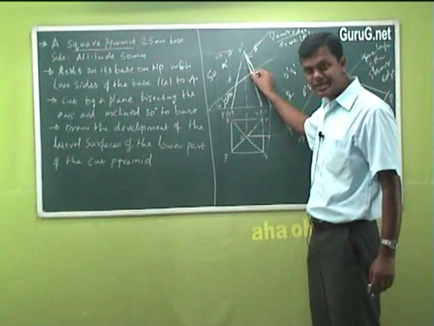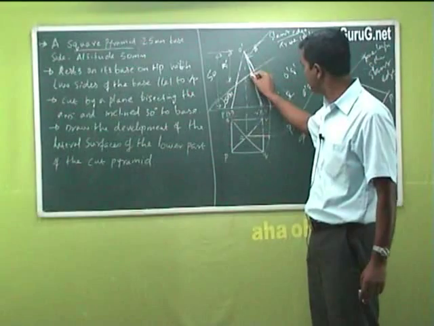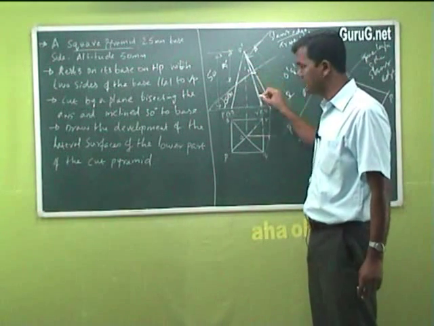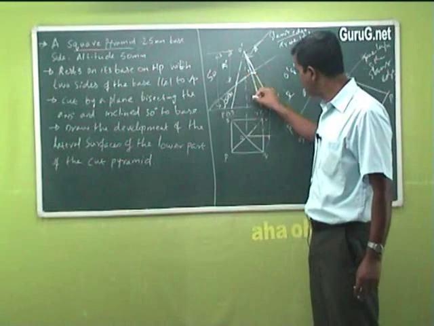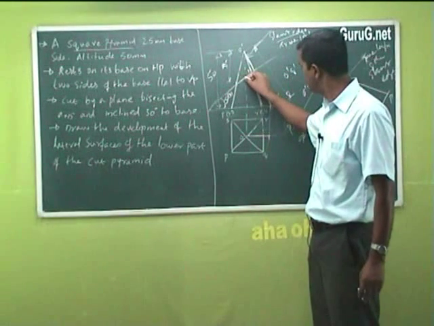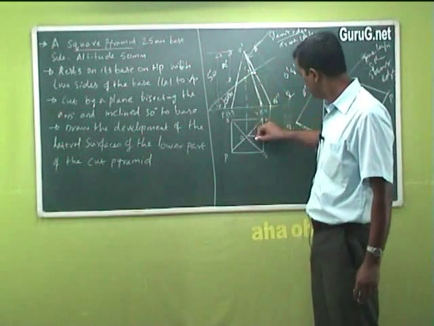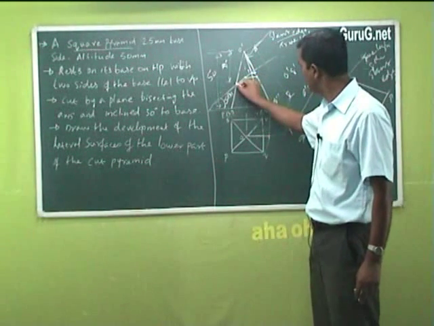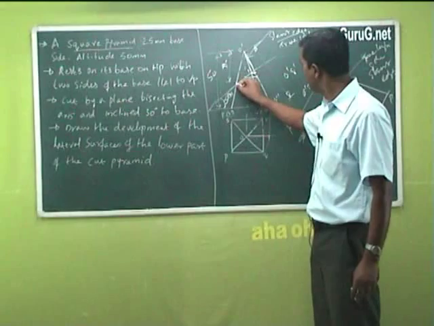So wherever it is cut, suppose this first point you are taking, you make it a straight horizontal line to the true length line. And the second point, suppose 1 and 2 is this, you bring it to the center, and 3 is also as such.